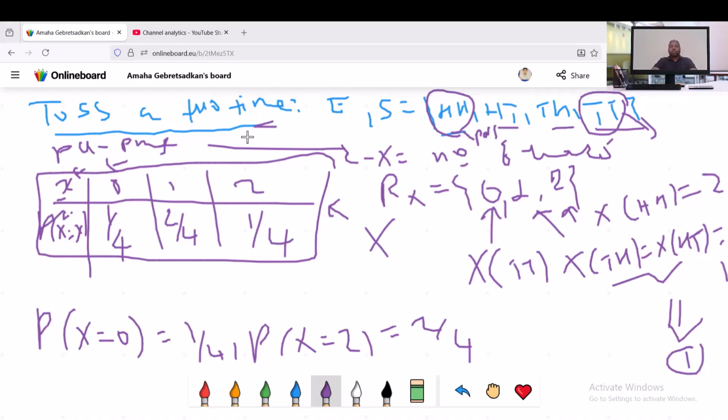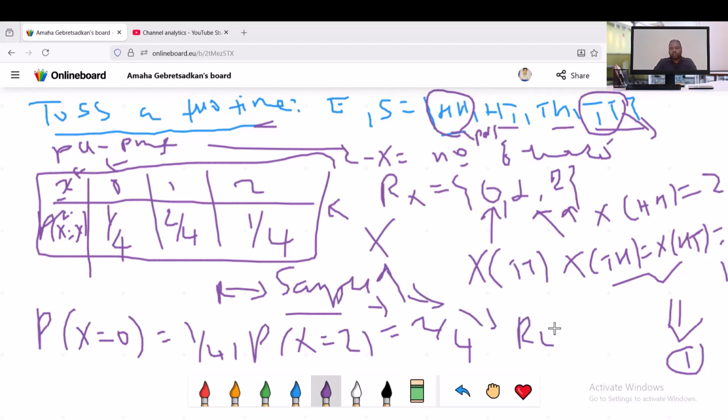So to define this probability distribution, first we need to have a random experiment. From the random experiment we need to have the sample space. Then over this sample space we need to define what our random variable represents. Then we generate the range space of the defined random variable, upon which we can construct this probability distribution, right?